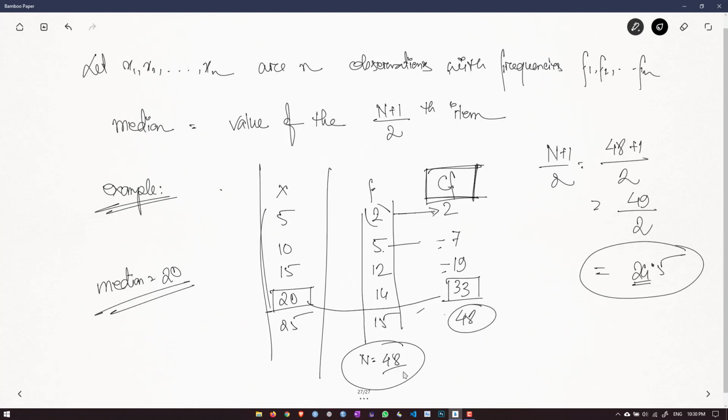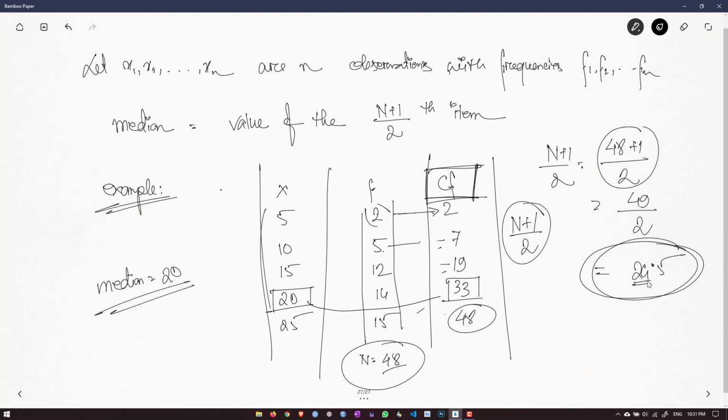So once you get the total frequency and cumulative frequency, you have to find out n plus 1 divided by 2, right? So here in this case n plus 1 divided by 2 is 24.5. Next, in this column of cumulative frequency, find out something which is just next to 24.5.